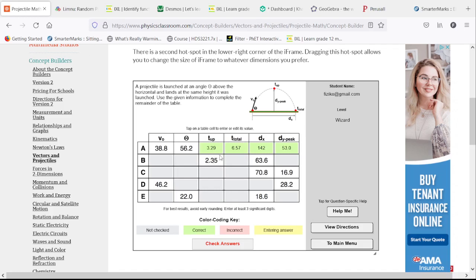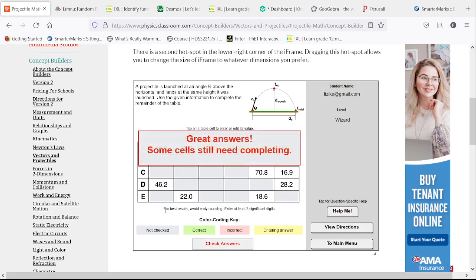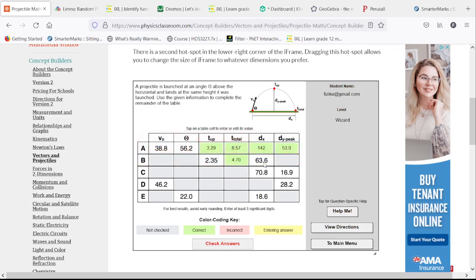Now we have our time up and our horizontal distance this time. The total time is much easier to get when we have the time up. It's just double what we had, so that one is just times 2.